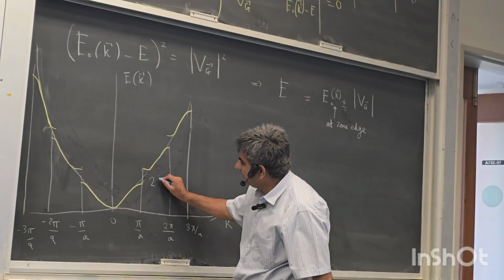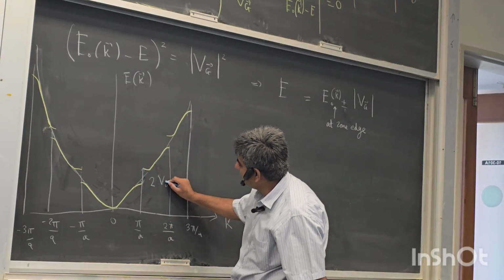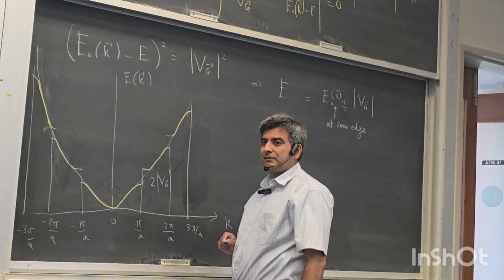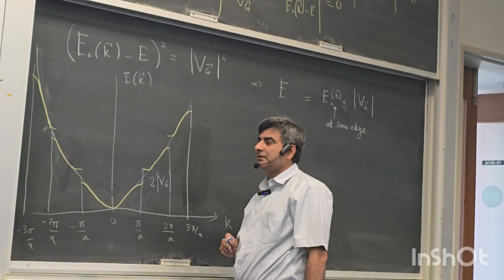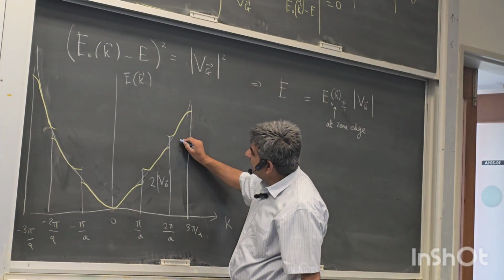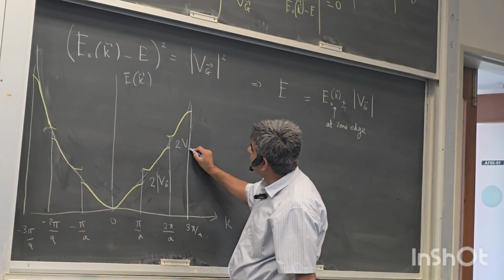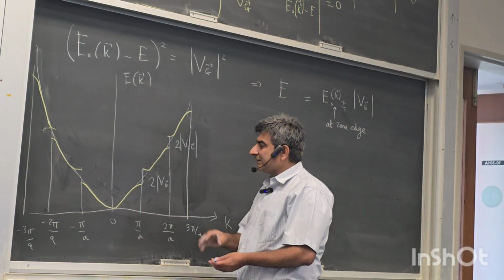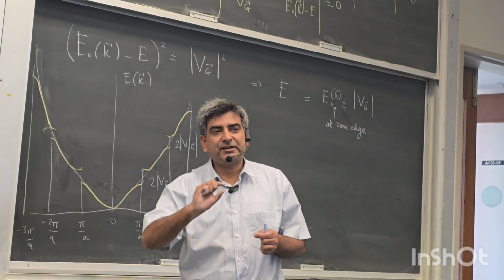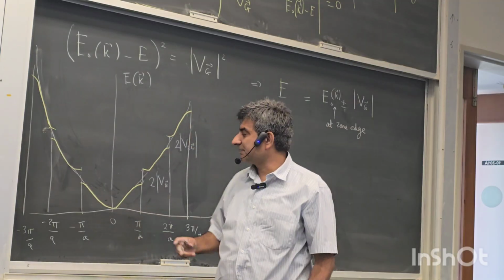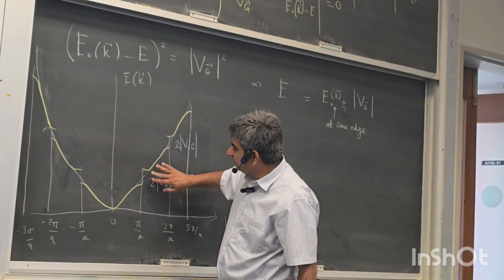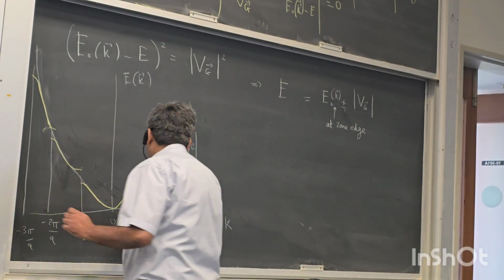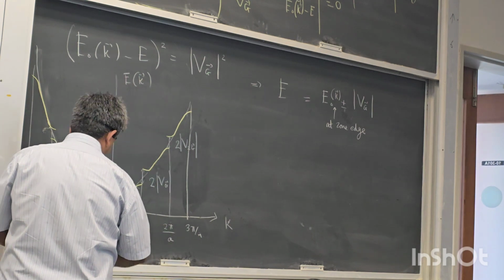It's 2 times Vg modulus. What is this gap? This gap is 2 times V 2G modulus. So at the zone boundaries, we see these gaps in the energy levels. There are no energy levels that take up any position in the region that I show in green.